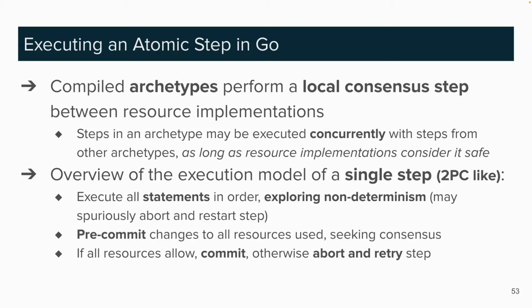So you determine if the resources can be considered to have been successfully changed, and you seek consensus on that matter. And if that's considered okay, you commit, make all the changes visible, and your step has officially happened. Otherwise, you will abort and try again. Maybe you'll take another branch in non-determinism. Maybe you'll observe something different from some resources. There are all sorts of reasons you could end up succeeding the second time. And so that's how that works.